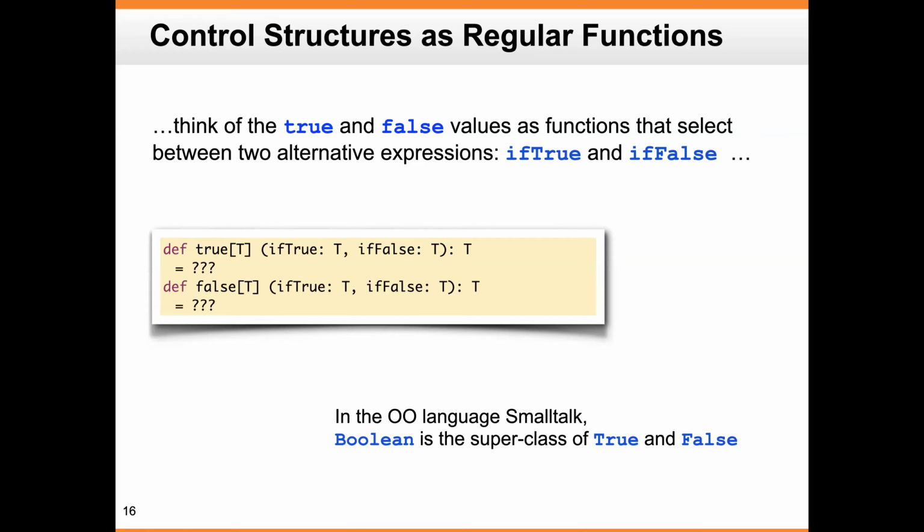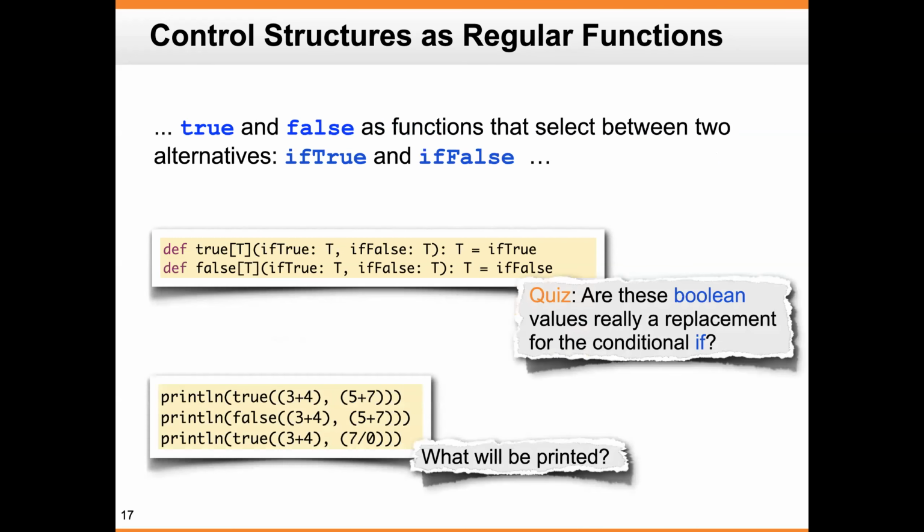And there, for example, Boolean is indeed a class, and it's the superclass of true and false, and true and false have indeed such functions for selecting what expression to execute. So the definition of the functions true and false is actually very simple. They have these two parameters, if true and if false, and true executes if true and false executes the if false parameter and ignores the other.